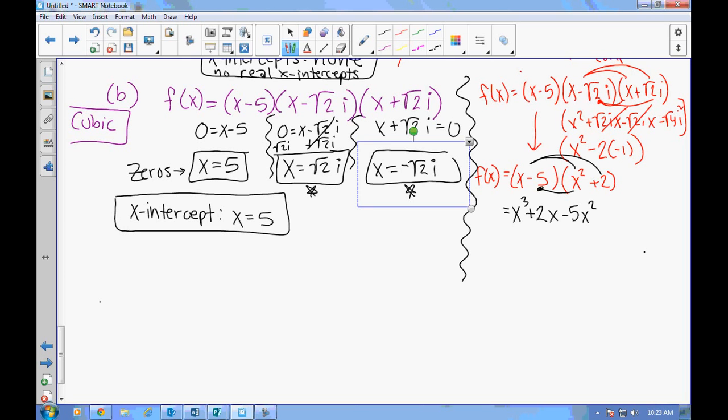And negative 5 times 2, negative 10. So our last thing, is this in standard form? We have a little bit of an order issue. So we'll just reverse the order. The x cubed. What's the sign on this 5 x squared? It is a negative 5x squared. Positive 2x minus 10. That is standard form.